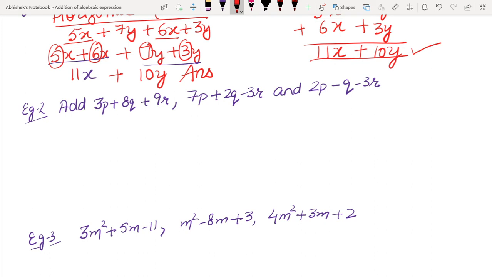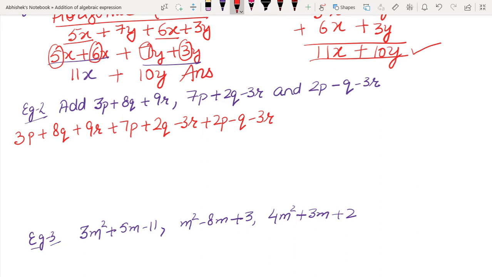First, the horizontal method. In the horizontal method, write all expressions in a horizontal line. So 3p plus 8q plus 9r plus 7p plus 2q minus 3 plus 2p minus q minus 3r.